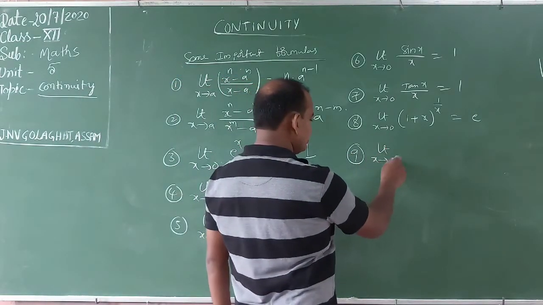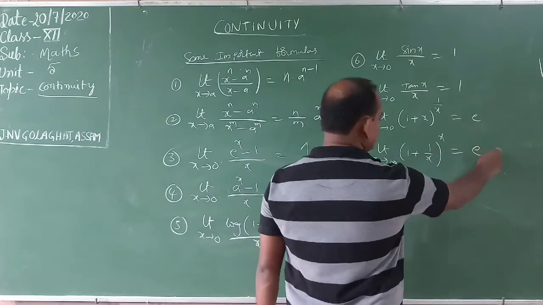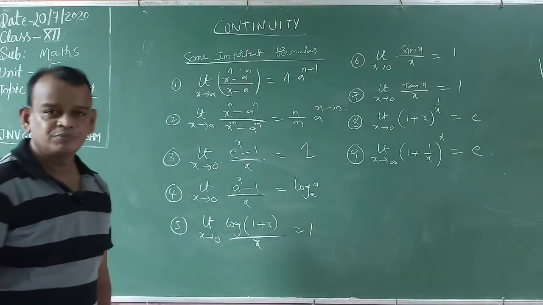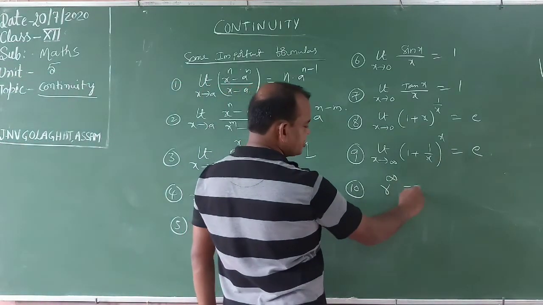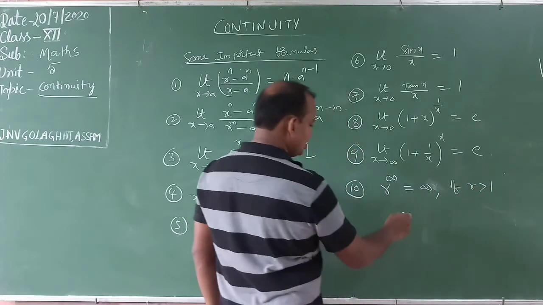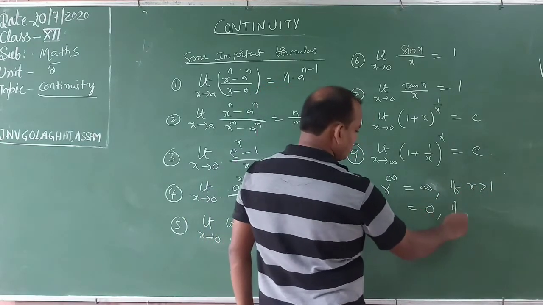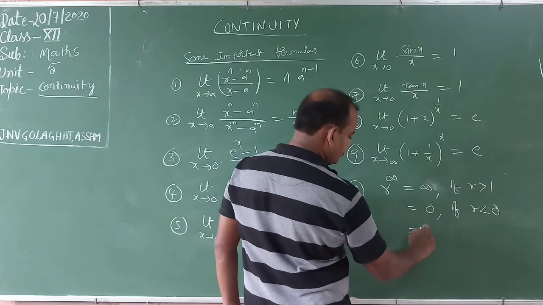Limit x tends to infinity, (1 plus 1 by x) whole power x. This is also e. Now here write the value r power infinity. Base r value is equal to infinity if r is greater than 1, equal to 0 if r is less than 1, and indeterminate form if r equals 1.